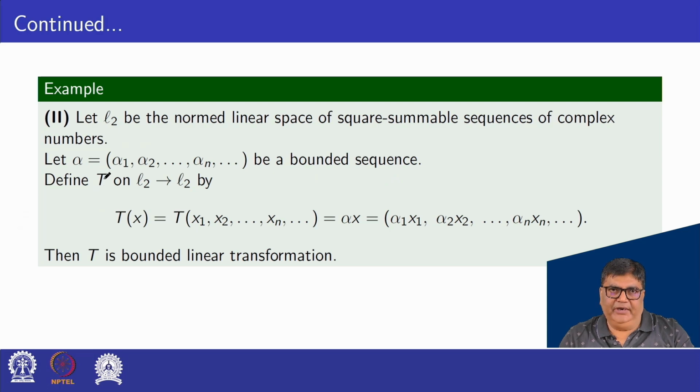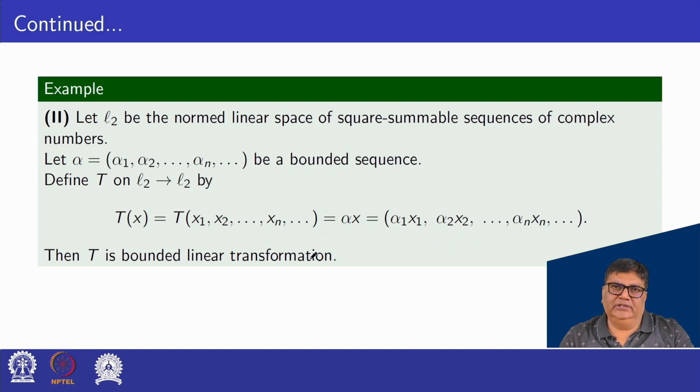Define the mapping T from L2 to L2 by Tx equal to T of x1, x2 and so on, equal to alpha x, where alpha is this sequence and x is x1, x2 and so on. It is defined as alpha 1 x1, alpha 2 x2 and so on, alpha n xn, infinite dimensional. Then T is a bounded linear transformation.